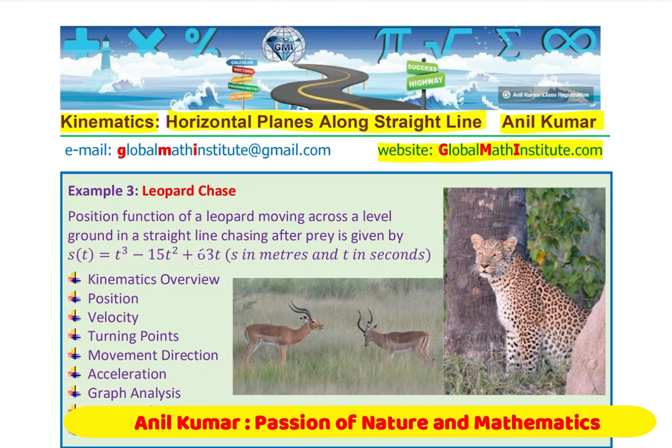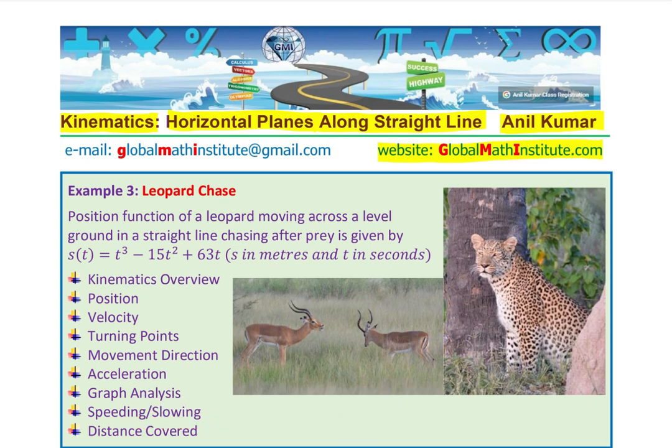Given this function of displacement, we'll understand all the concepts about kinematics, which include position, velocity, turning points, movement direction, acceleration, graph analysis, speeding and slowing down, and total distance covered. That is all you need to understand to master this topic of kinematics.